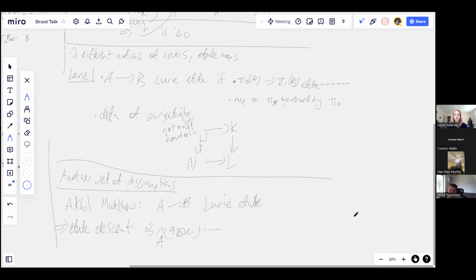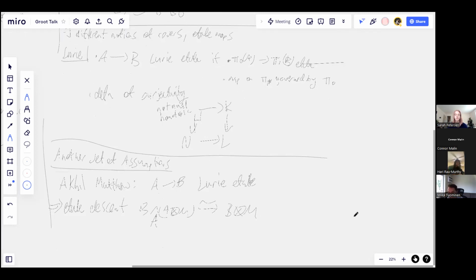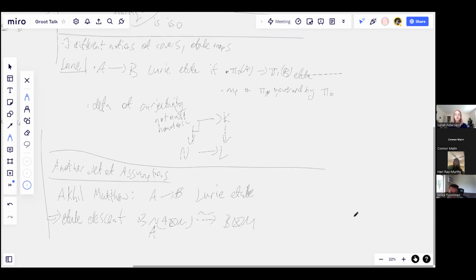It's an isomorphism. And there are no completion issues because Lurie's definition says that everything is governed by pi naught.